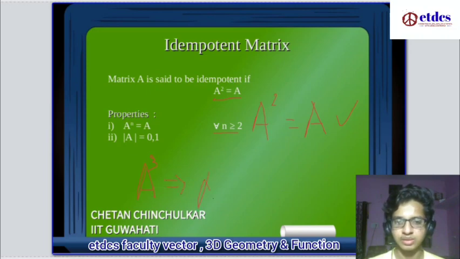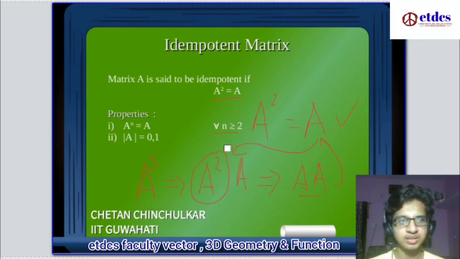A cube can be written as A square multiplied by A, and A square can be replaced with A. So we get A multiplied by A, which again turns out to be A square, and A square is again A. We get A cube as A itself.